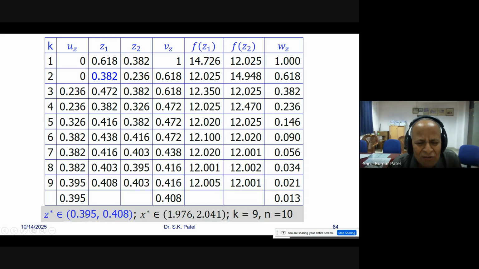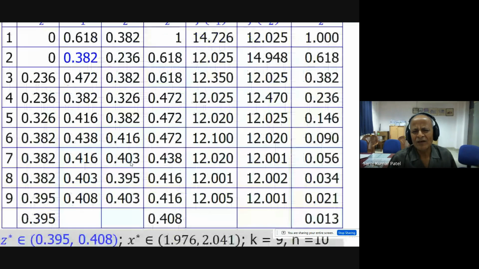Now putting Z is equal to X by 5, or X is equal to 5Z, we can convert these values to X values. So X will be 1.976 to 2.041. So K is equal to 9 and N is equal to 10. This is the way we get the result using the golden section search method. Step by step, we eliminate the region.